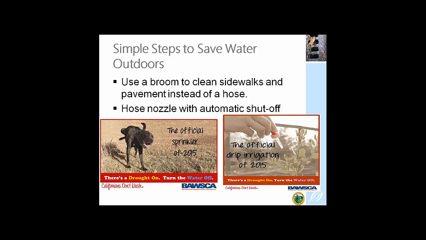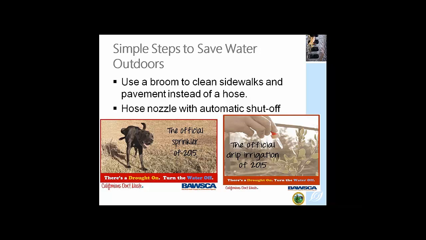All right, let's talk about outdoor water savings at your home. A couple simple steps is, instead of using water to spray off your sidewalk or your driveway, or any of your walkways, your patio maybe, use a broom. Sweep off all the debris.